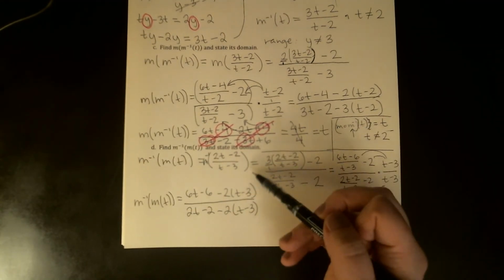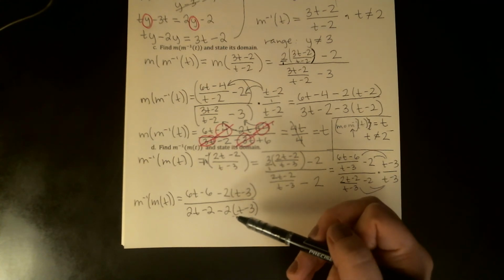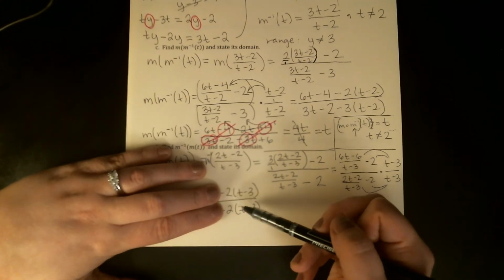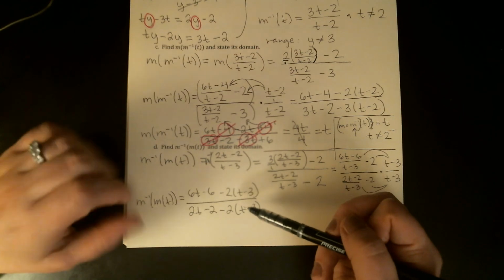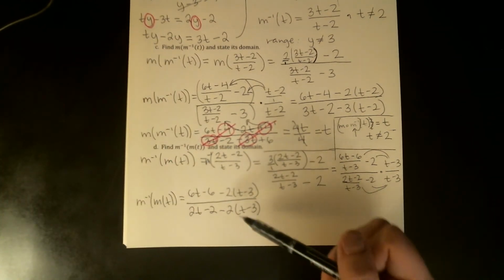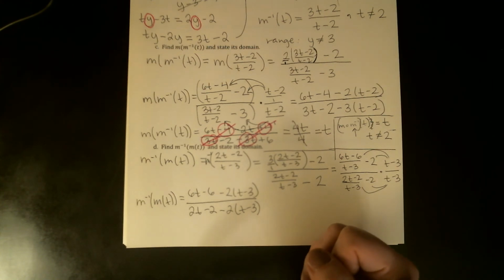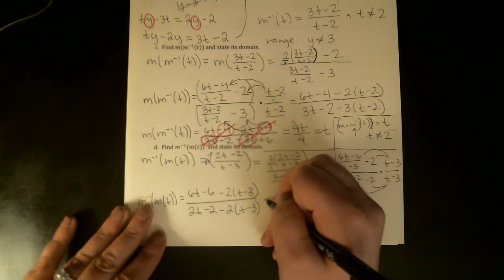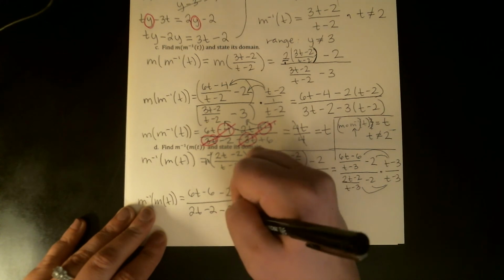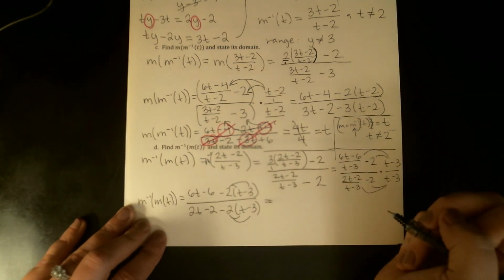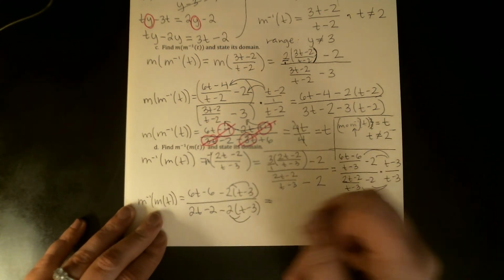Avoid the temptation to cross this out. T minus 3 is a factor of the last term, so is 2, but it's not a factor of the entire numerator. So unless you can factor it out of the entire top and bottom of the fraction, you can't cancel it. Instead, we're going to distribute and see if we can collect everything and then look for something that we could factor and cancel.